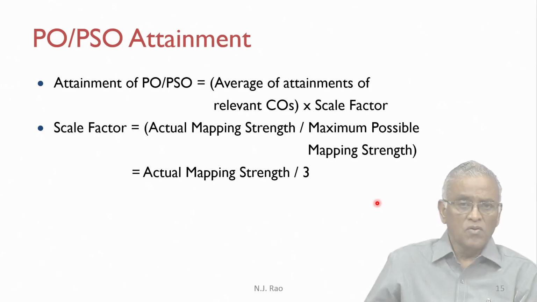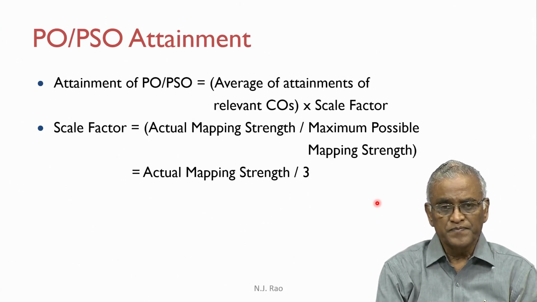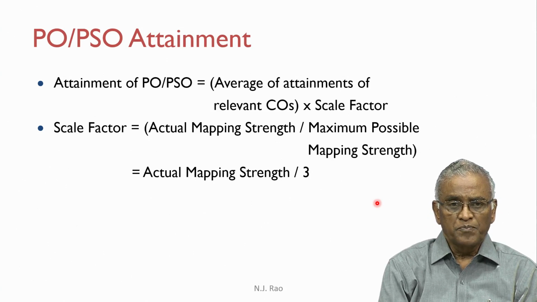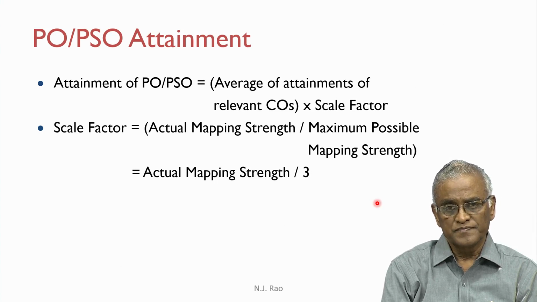Now, how do we compute the PO PSO attainment? For the attainment of a PO or PSO, you take the average of the attainment of the relevant COs. For example, there are 3 COs that address, let us say, PO3. So, we look at the attainment of those 3 COs, take an average and multiply it by the scale factor.